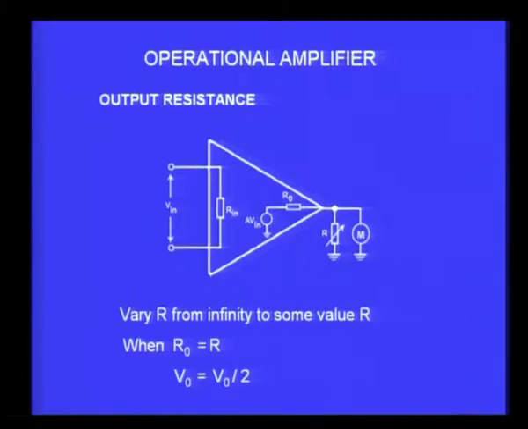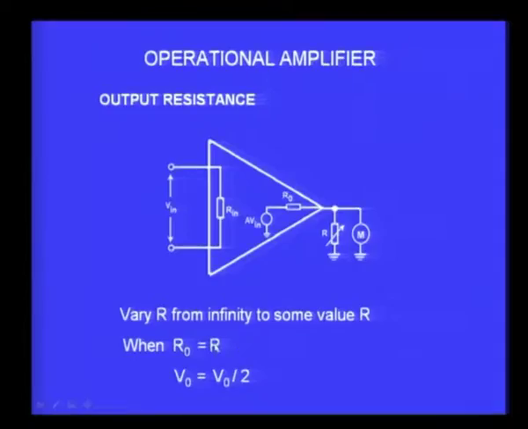A digital multimeter, for example, will have a very high input resistance of the order of several megohms, and therefore 75 ohms in parallel with a large resistance is as good as 75 ohms. That value will not be affected by the resistance of the multimeter.